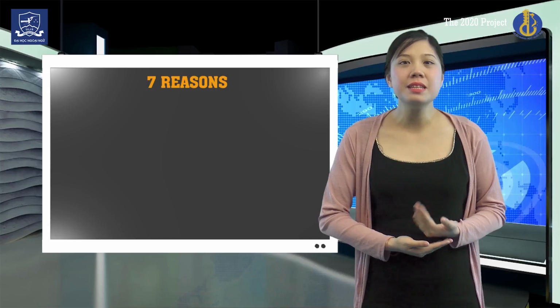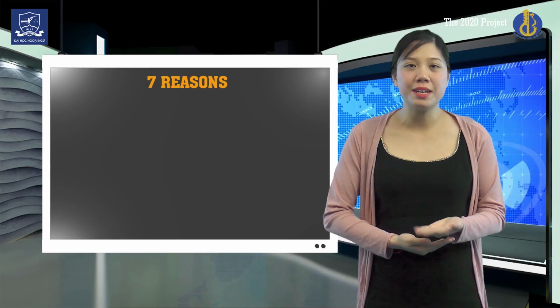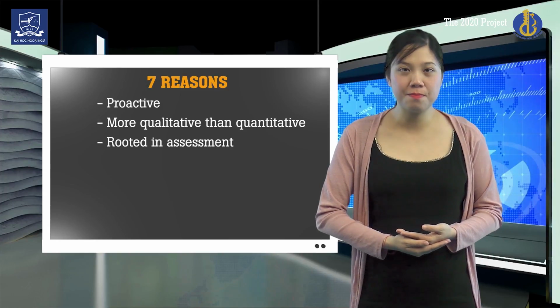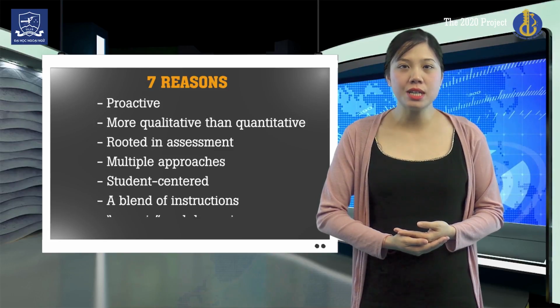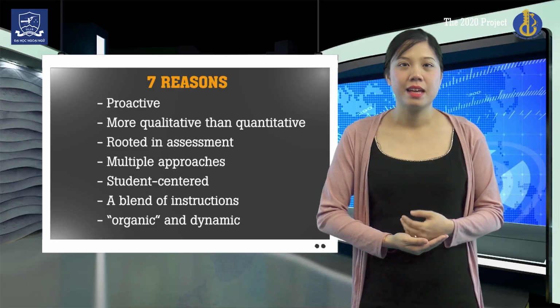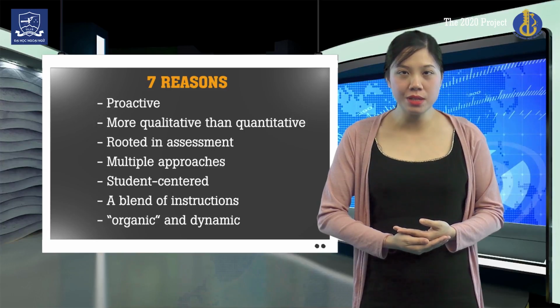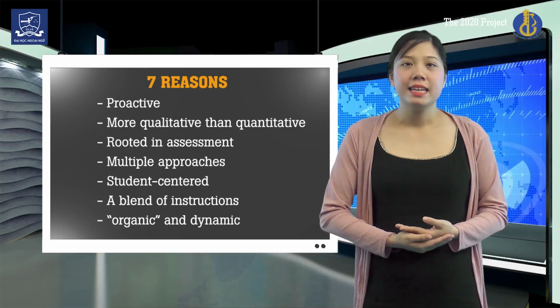Here are 7 main reasons why differentiated instruction works. 1. Differentiated instruction is proactive. 2. Differentiated instruction is more qualitative than quantitative. 3. Differentiated instruction is rooted in assessment. 4.